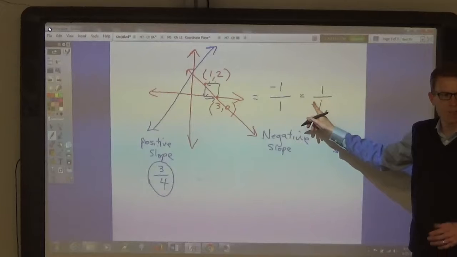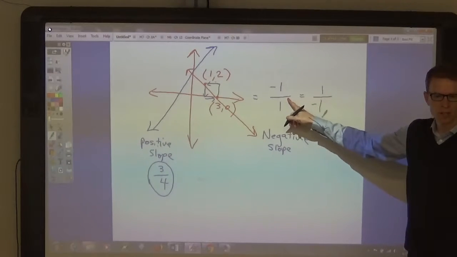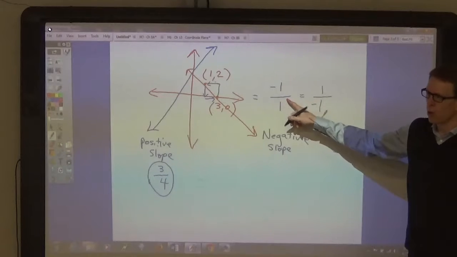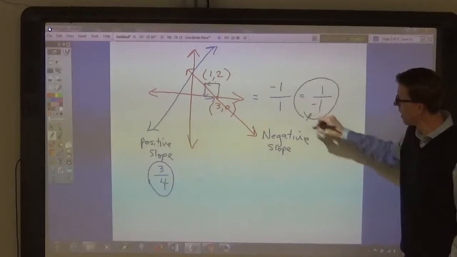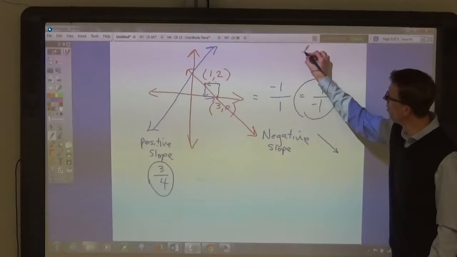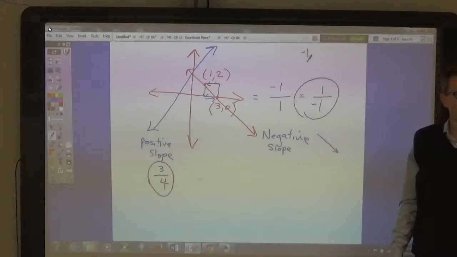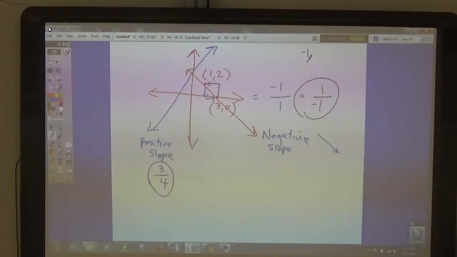It's still -1/1. Now, one thing you should also remember about writing slope is that you keep it as a fraction. Instead of writing a slope of just -1, if you're writing it as a ratio, keep the numerator and the denominator.